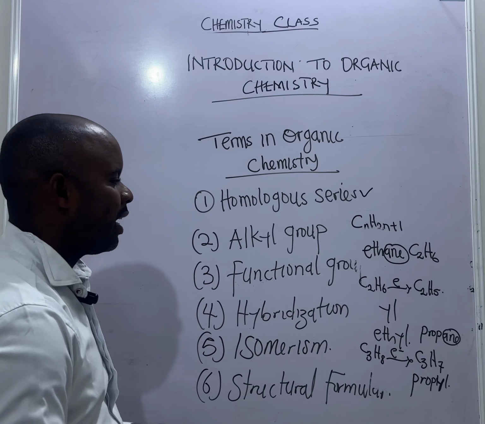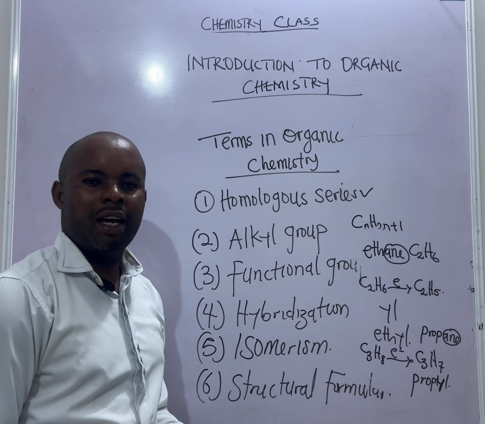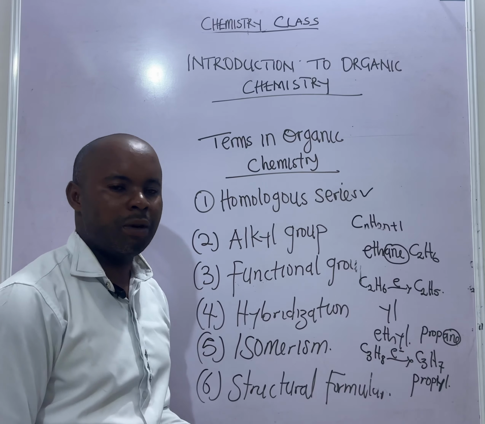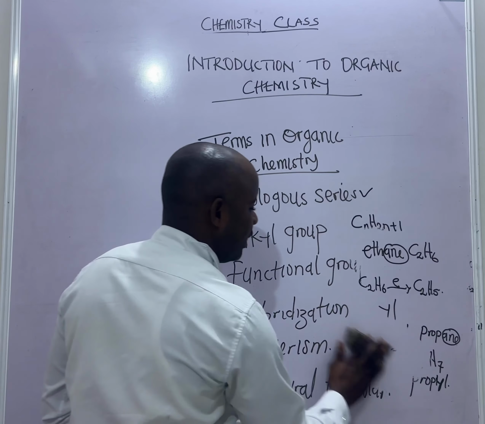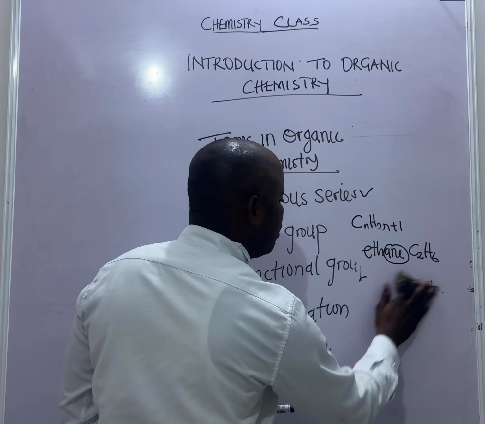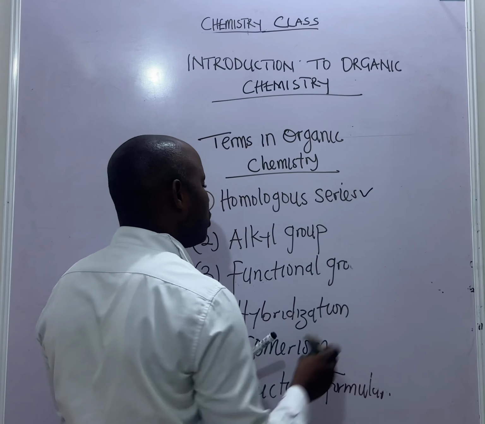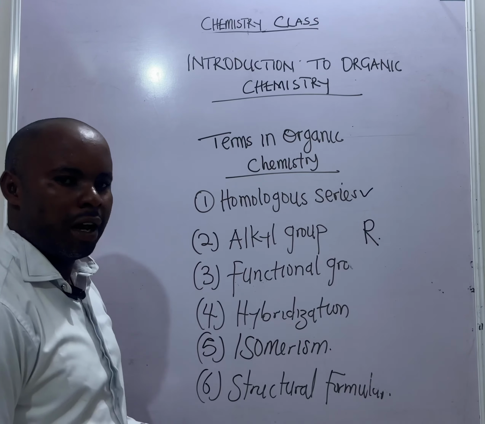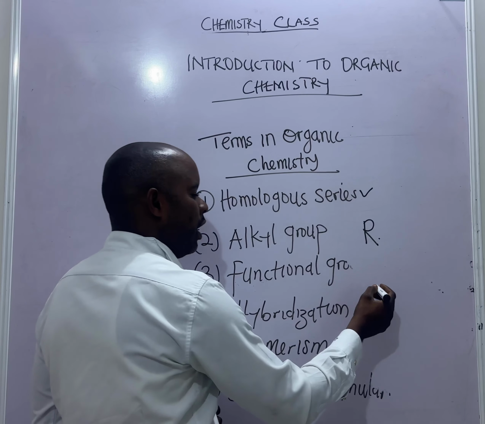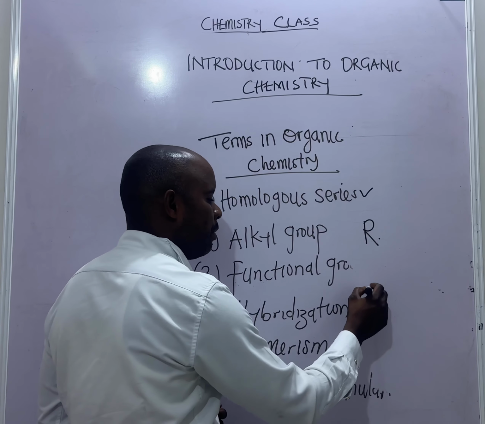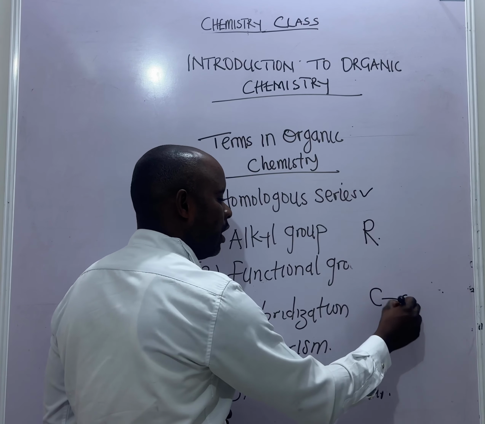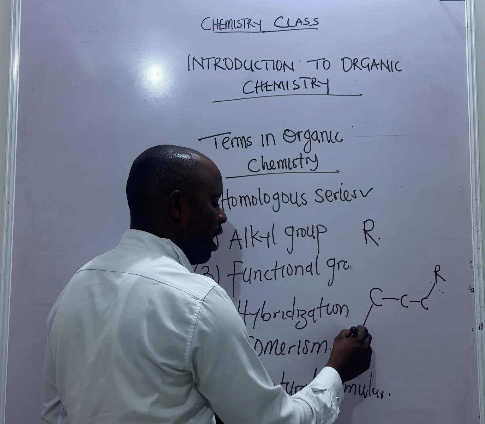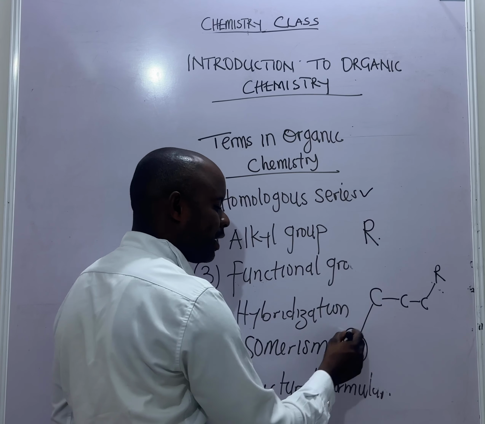So when an alkane family loses an electron, it gives what is known as an alkyl group, and this alkyl group is denoted by a capital R. If I'm writing a structural formula of an organic compound and we have R here, it means that this R is an alkyl group.